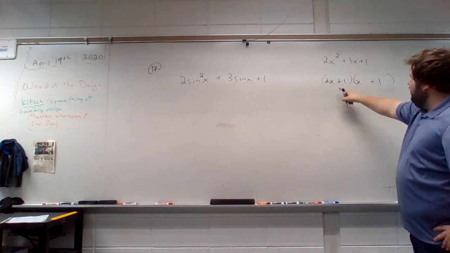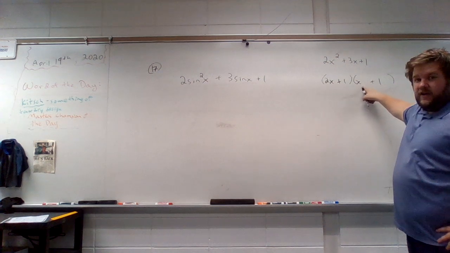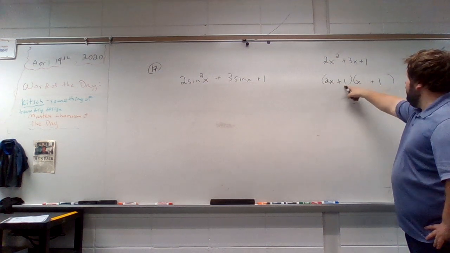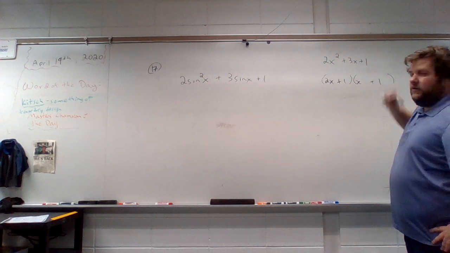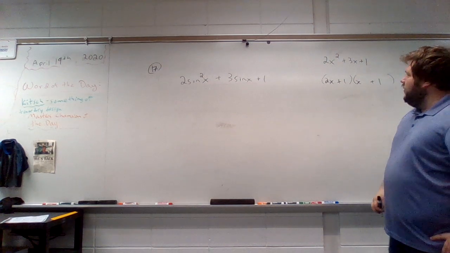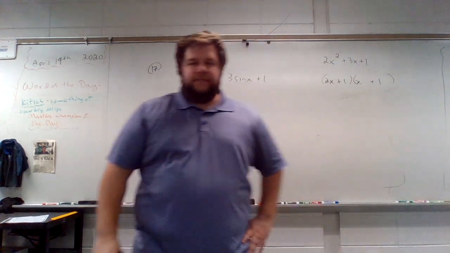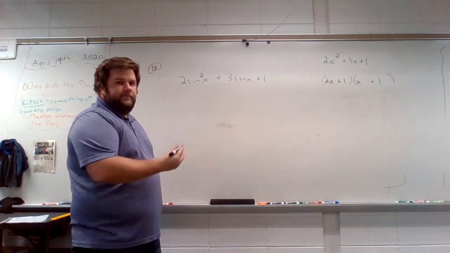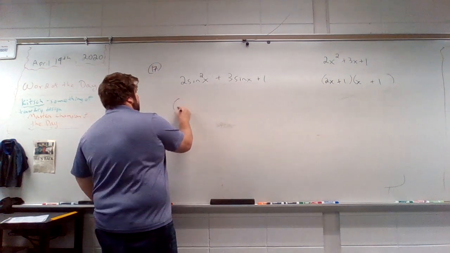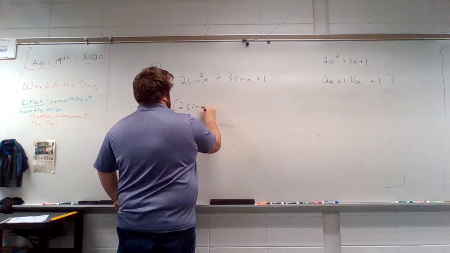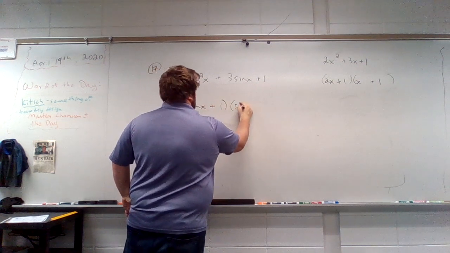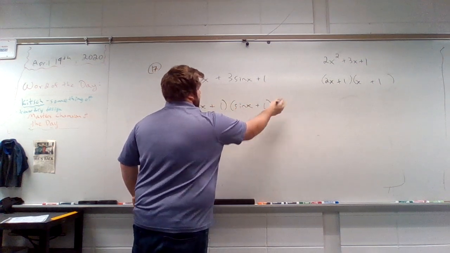And we'll just check. 2x times x is 2x squared. 2x plus x is 3x. 1 times 1 is 1. Right? So how would I factor this guy? Yep, it's going to be 2 sine x plus 1, and then sine x plus 1, just like I had over there.